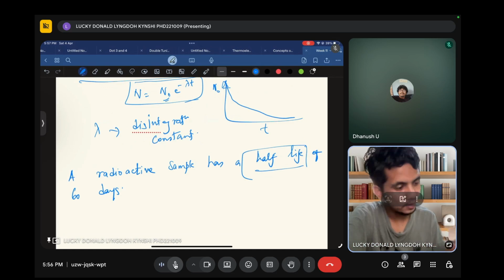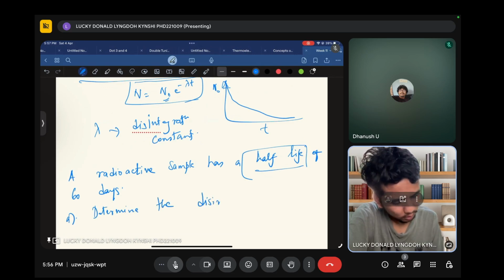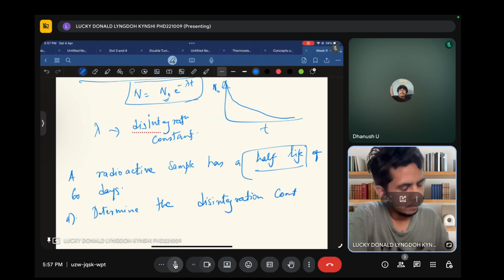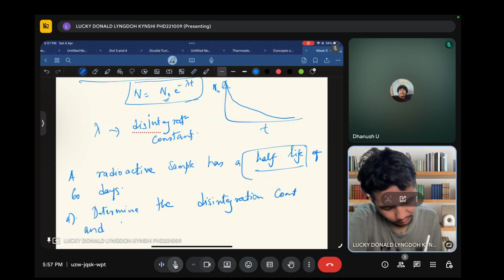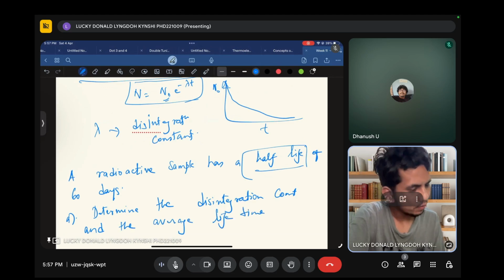So that is 60 days. And question number A: determine the disintegration constant and the average lifetime of the sample.